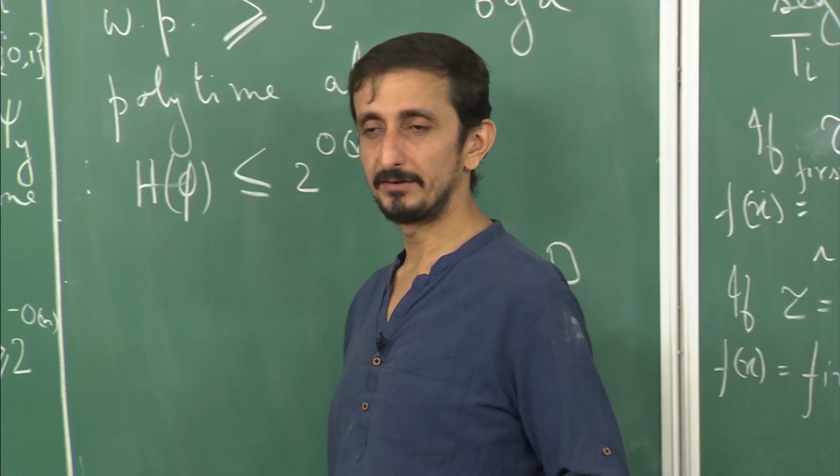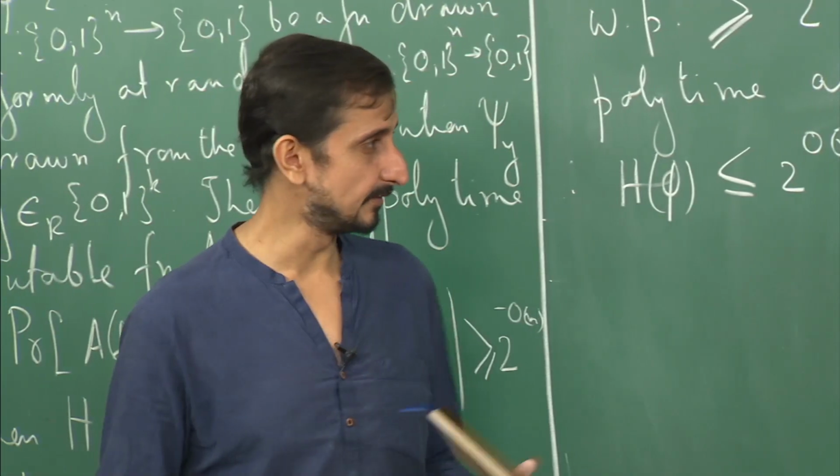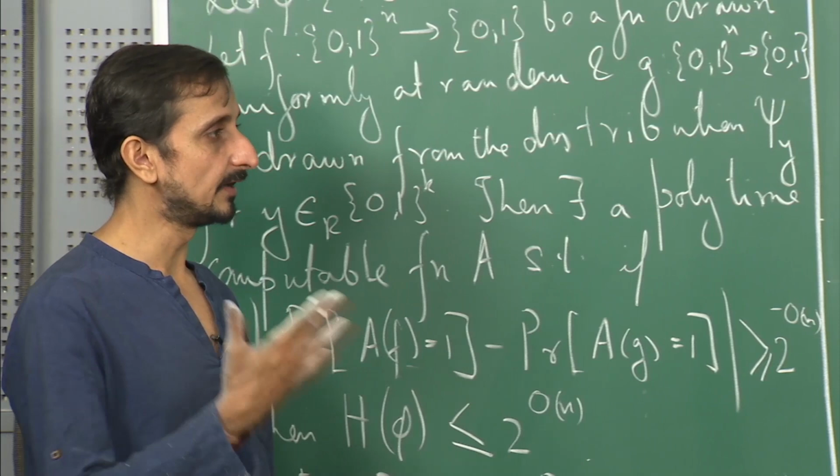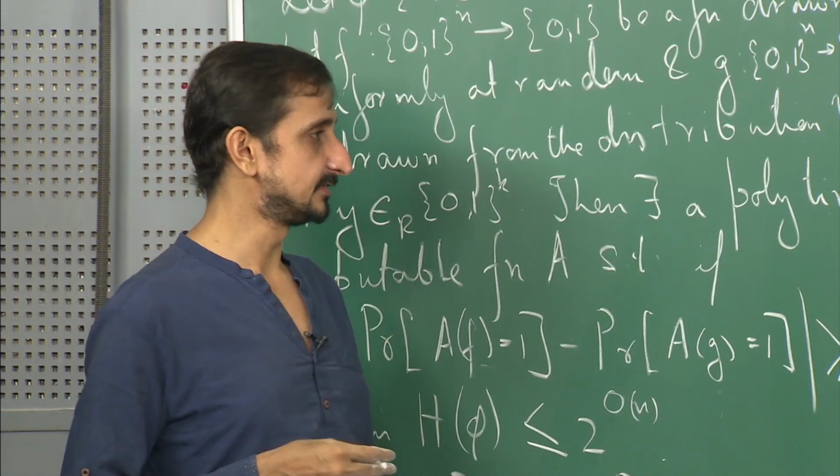We argued that if you have a monotone circuit for clique, then it would require size that is exponential.